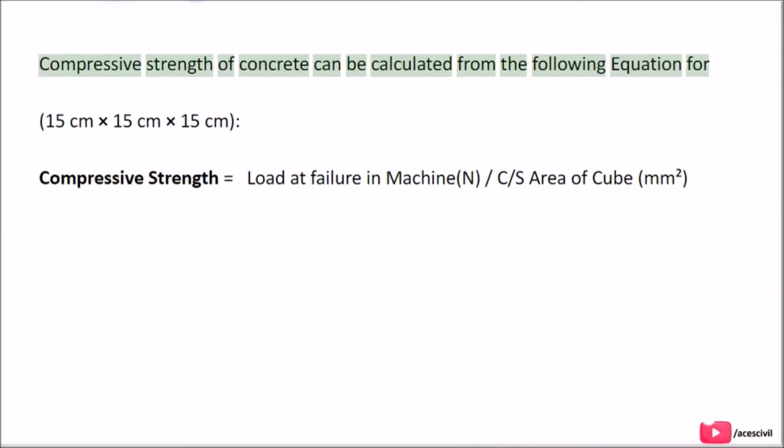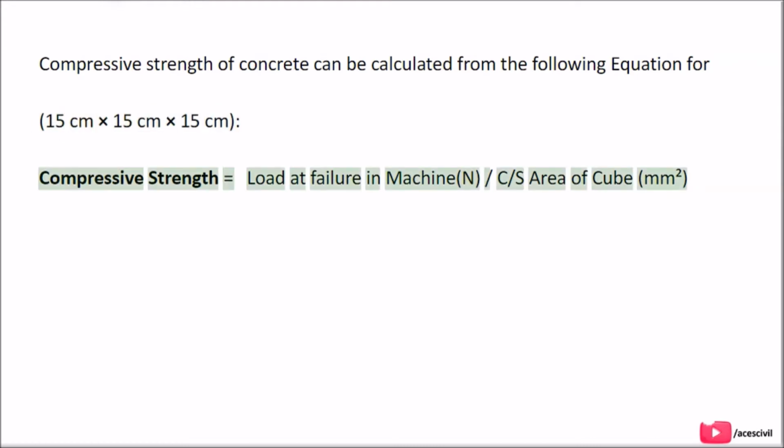Compressive strength of concrete can be calculated from the following equation for 15 cm times 15 cm times 15 cm. Compressive strength equals load at failure in machine, N, divided by C/S area of cube, mm superscript 2.